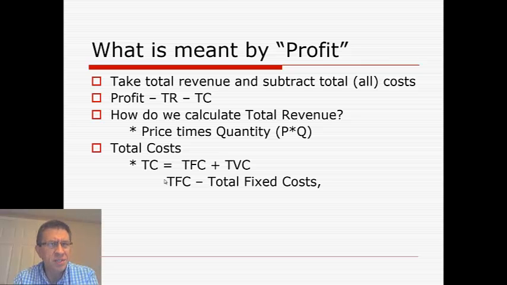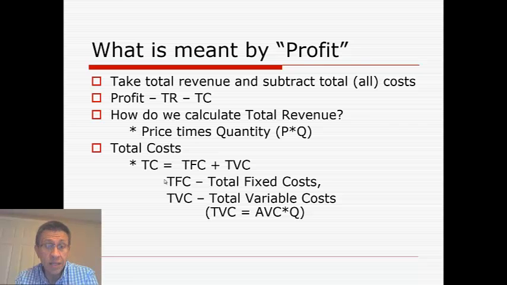The cost for electricity is probably about the same. There are some costs that are just fixed. Perhaps you have to rent a pizza oven to cook the pizza in. That cost is going to be the same regardless of whether 10 pizzas are made or 10,000 pizzas are made. These are what we call fixed costs.